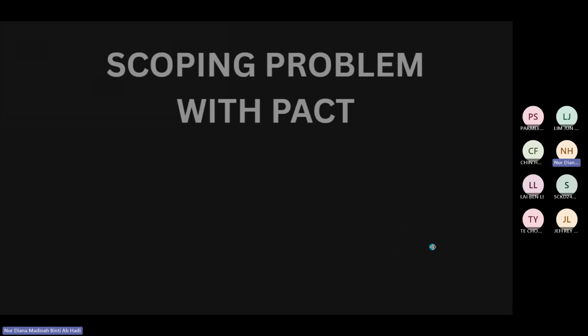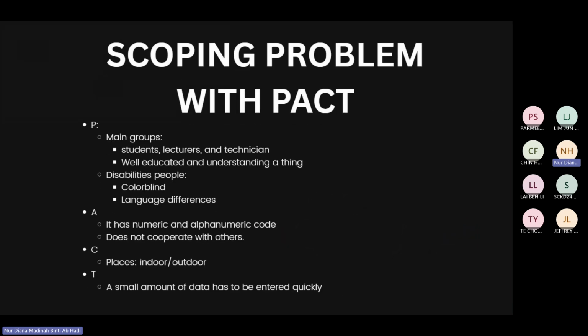Okay, so let's proceed. So scoping the problem with your PACT. Usually PACT will cover a main group. Here we put the main group would be students, lecturers, and technicians.